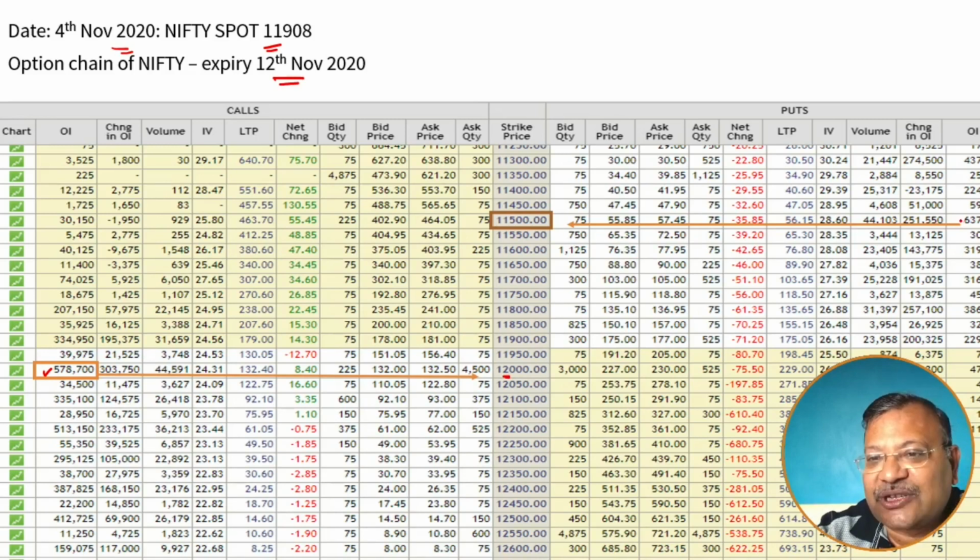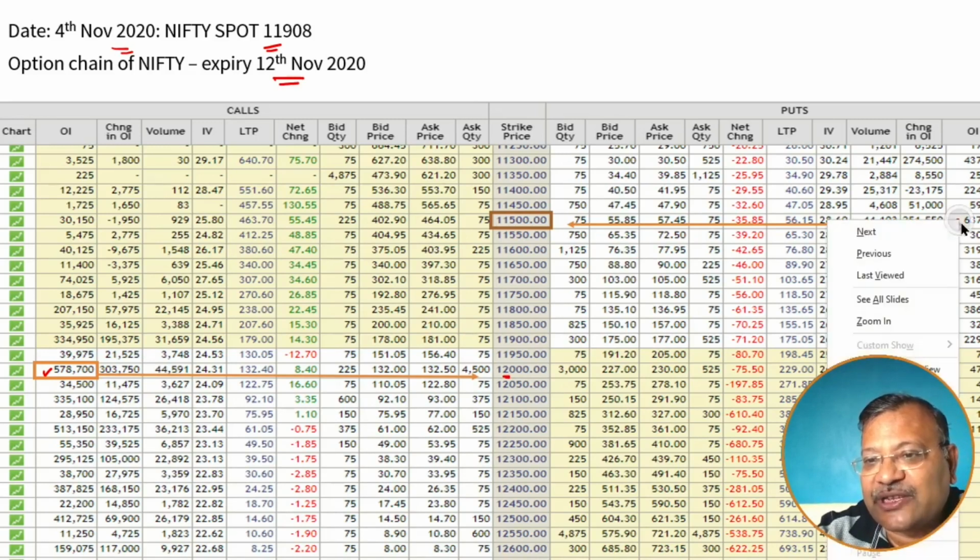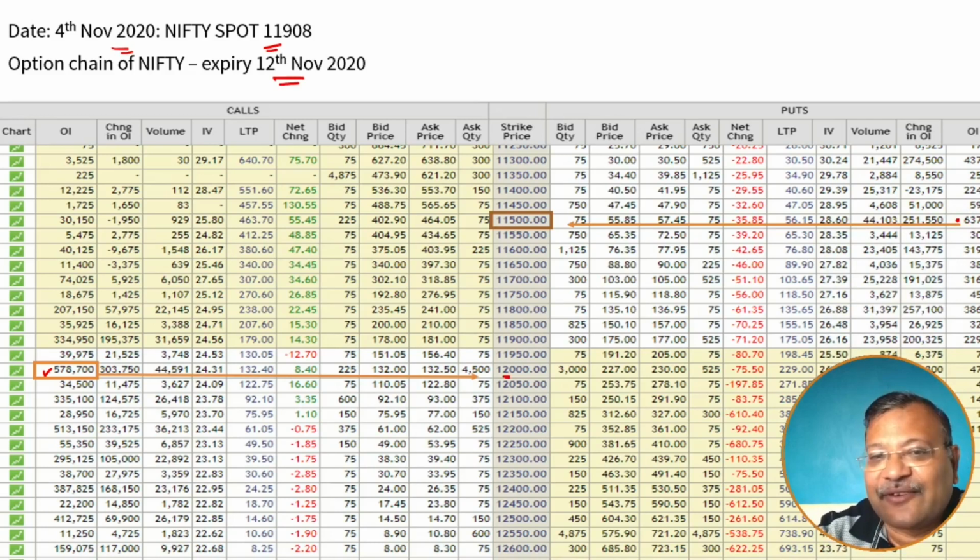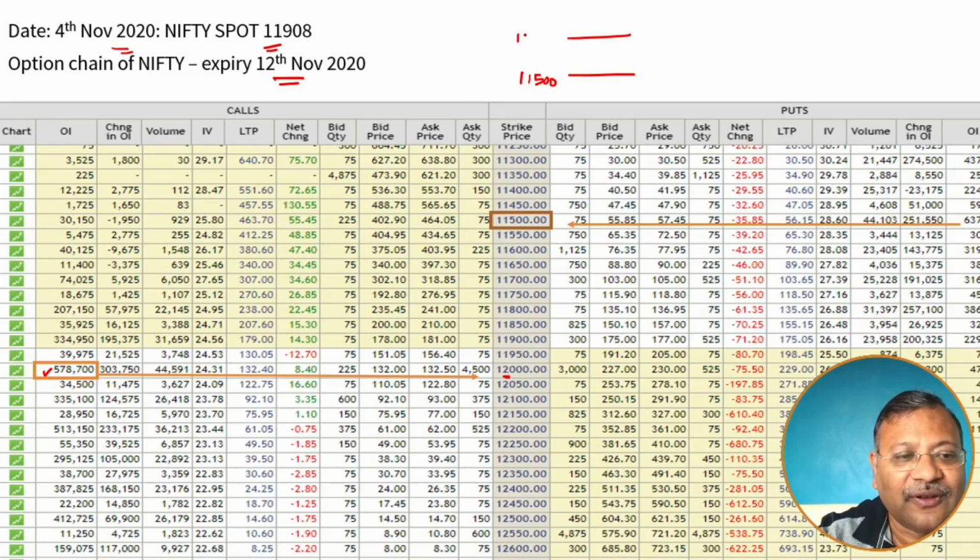And on the put side, in the OTM section, the highest volume is taking place at 6,37,425, which is the strike level of 11,500. So we have a support level of 11,500 and a resistance level of 12,000.